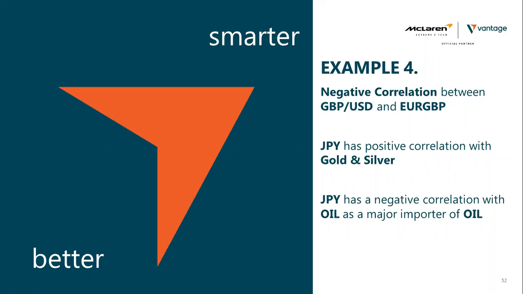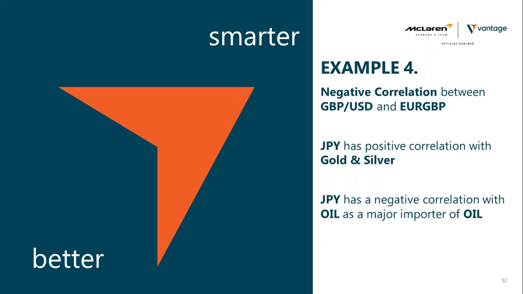So this is another one. You have negative correlation between GBP/USD and Euro/GBP. Check this, you will discover that every time GBP/USD is buying, Euro/GBP is going to be selling. Every time you see GBP/USD buying, Euro/GBP is going to be selling. So they have a negative correlation, opposite relationship.